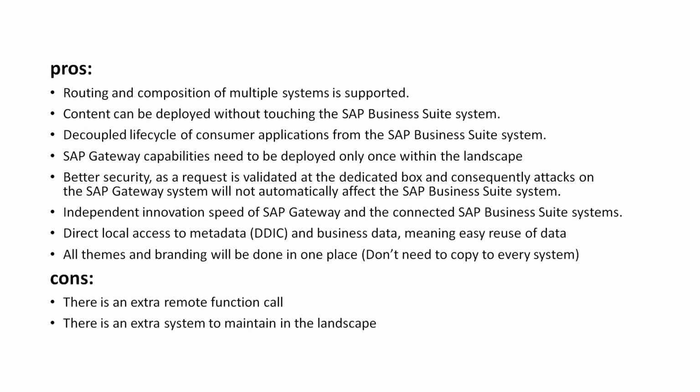But these UI enhancements are going to be released very fast, so it is better to have a dedicated NetWeaver gateway hub system, so that you could get the innovations very fast.